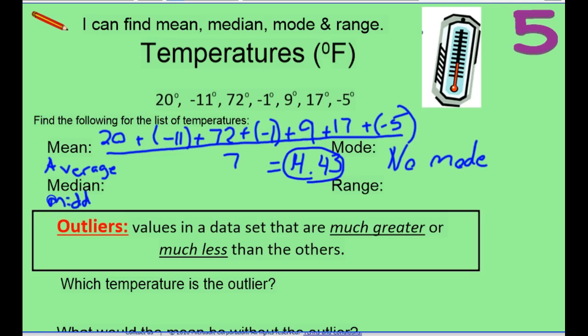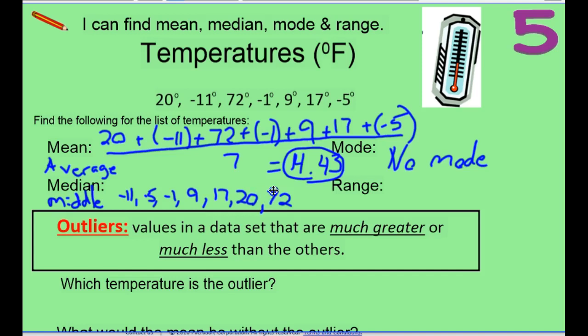So what we need to do with our middle is we need to line them up in order from least to greatest. So our first one's going to be negative 11, then negative 5, then negative 1, then it looks like 9, and 17, and 20, and 72.